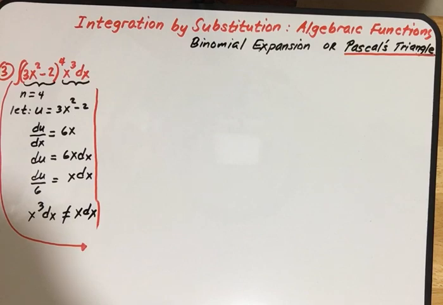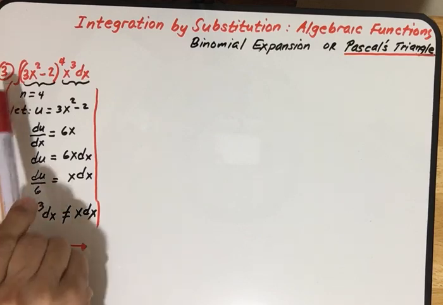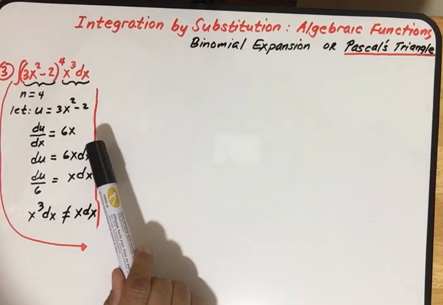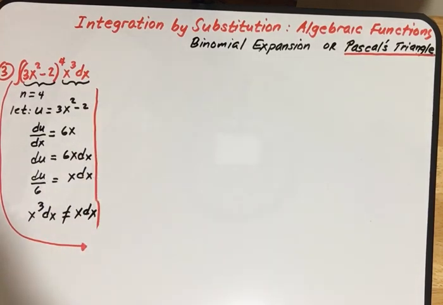Last time we solved example number 3, and we found that when we use the same process as in our first two examples for this topic, we cannot use that method because we cannot find the perfect du.